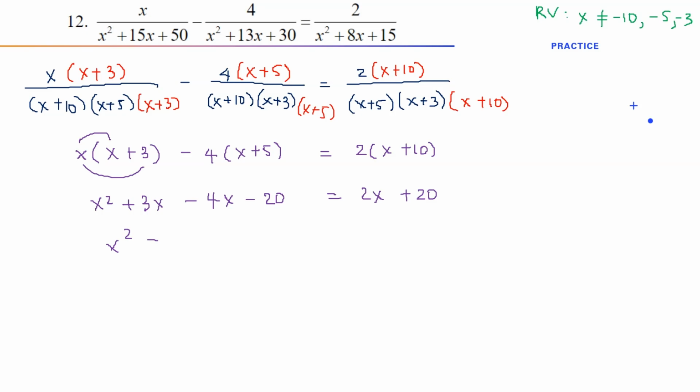Negative x minus 2x, negative 3x. Right? What is the negative 2? Is from the right hand side. Just subtract both sides by 2x. And now we're left with negative 20 on the left hand side. We subtract 20 both sides. Now we have negative 40. And this side equals 0.